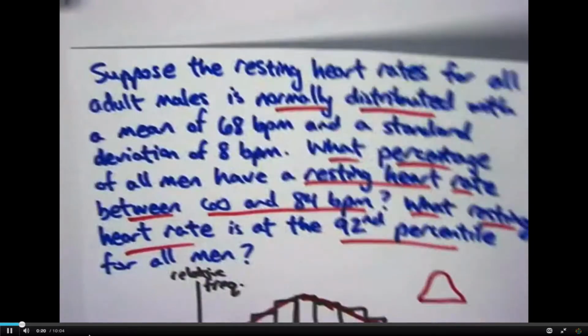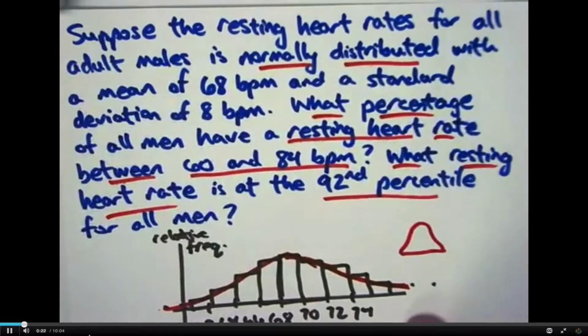Here was the problem we were looking at in the first video. Suppose we happen to know the resting heart rates of all adult males, maybe even pretend it's in the entire world, and we know it's normally distributed with a certain mean and a certain standard deviation.